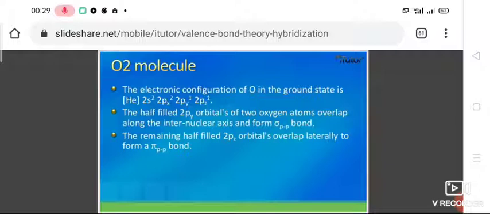So the p orbitals of two oxygen atoms combined to give one sigma bond. The remaining half-filled 2pz orbital overlaps with the other oxygen's 2pz orbital and forms a pi bond, the pi bond between pp orbitals. So in the oxygen molecule, O double bond O, one bond is a sigma bond and another bond is a pi bond.